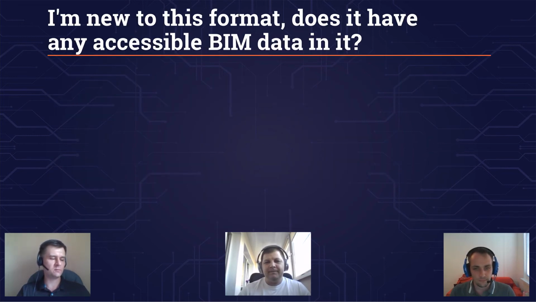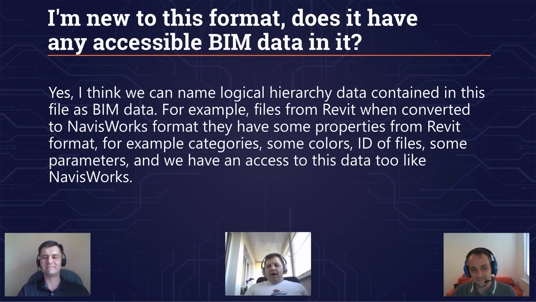I am new to this format. Does it have any accessible BIM data in it? Let me answer again. Any accessible BIM data? Yes, I think we can name the logical hierarchy data contained in these files as BIM data.